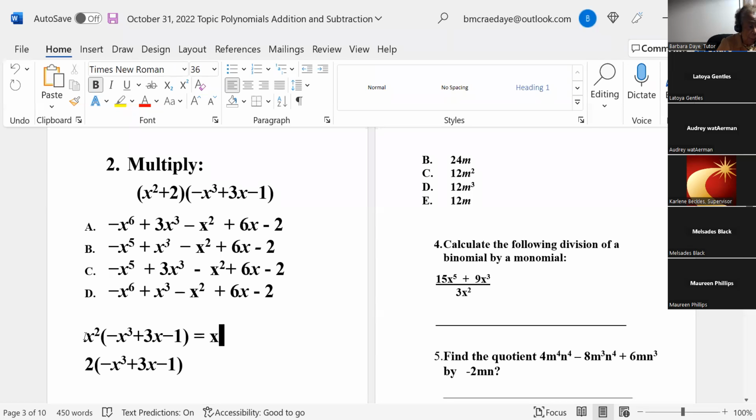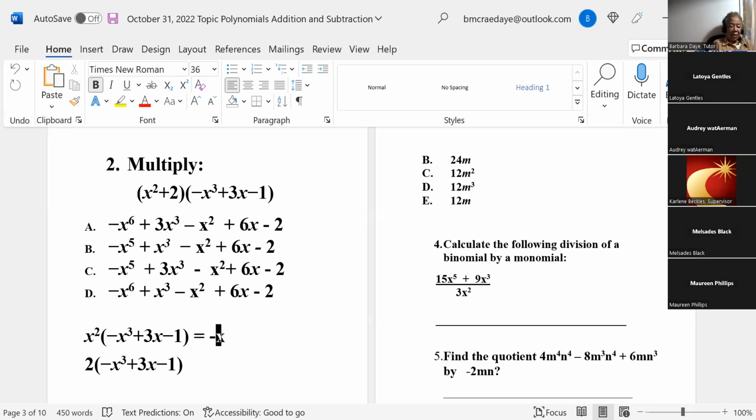Okay, but a plus times a minus, this would be what, Audrey? What would be the sign here? What's the sign, Audrey? A plus times a minus gives what? A plus. Nope. You gotta remember your sign rules.